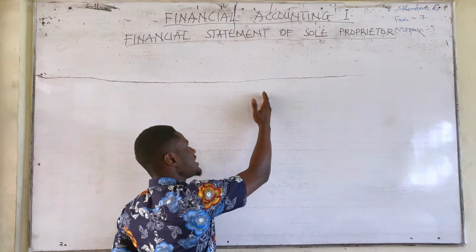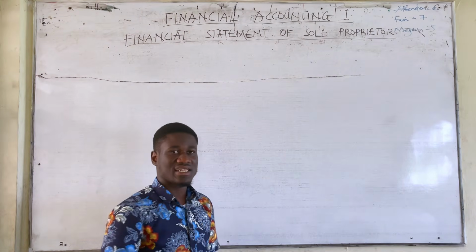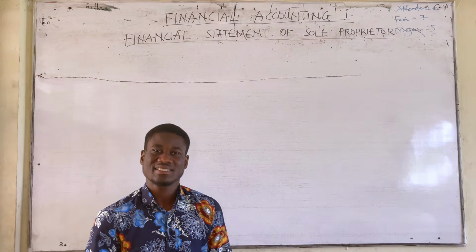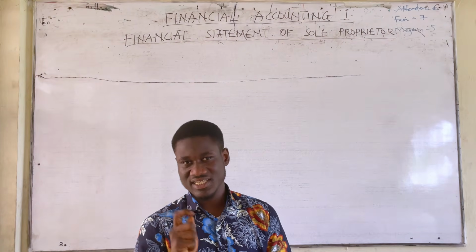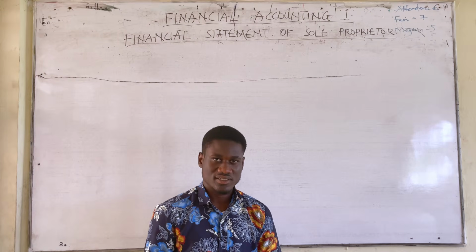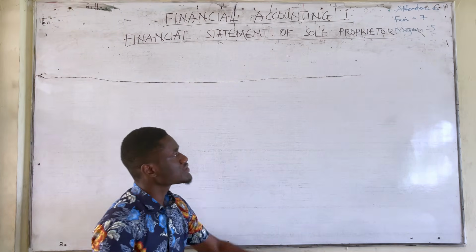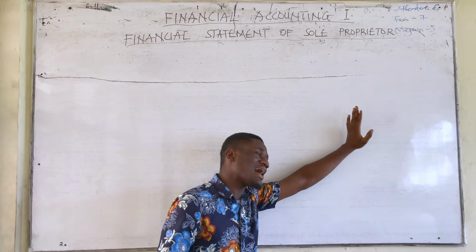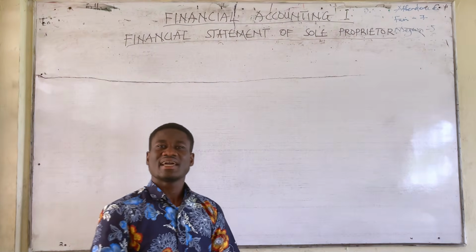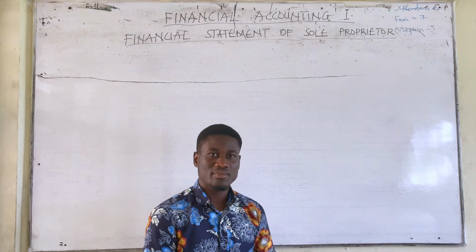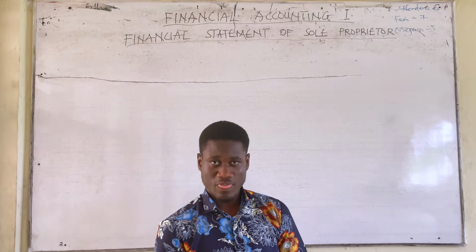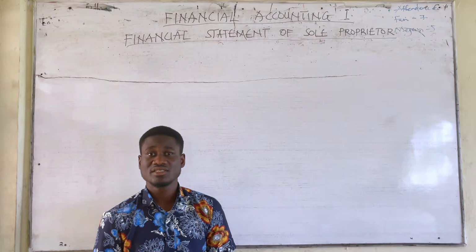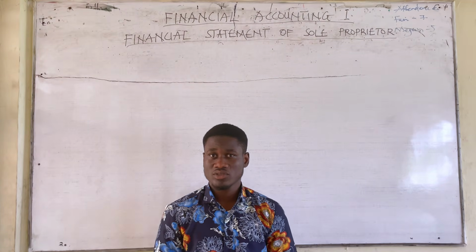So whenever you see an item's figure under the debit column, it means that that item is either an expense or what? An asset. If you see that figure under the credit side, the item is either capital, a liability, or what? Income or revenue. You get it?